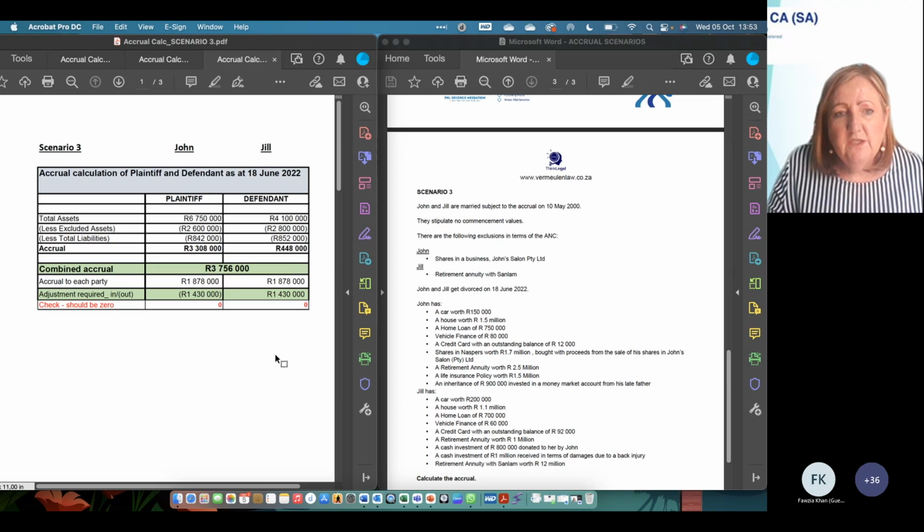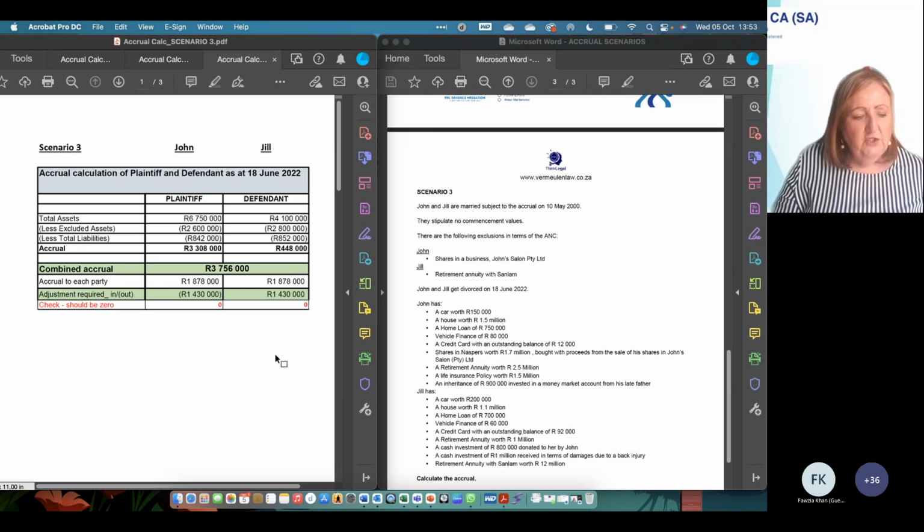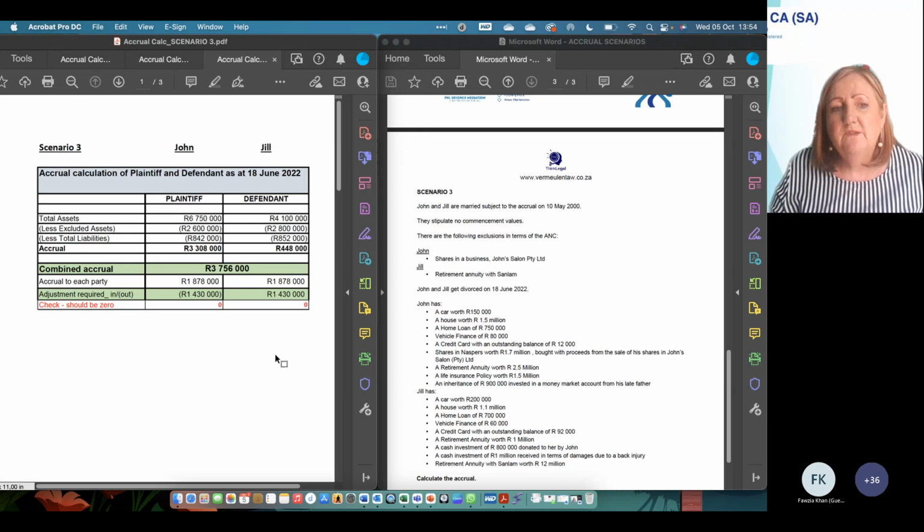If you divide the two, you come to 1.878 million for each. And again, John must pay 1.43 million to Jill, so that her 1.43 plus 448 gives her the same accrual at the end of the divorce of 1.878 as what John would have.